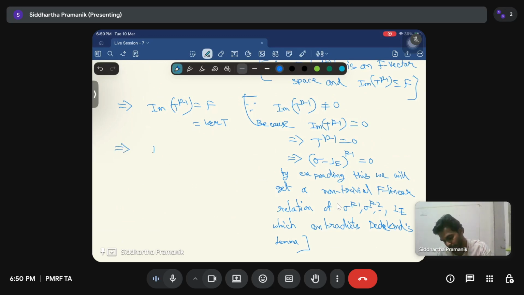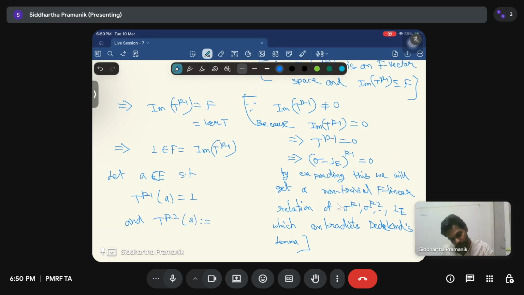So it will imply 1 belongs to F, which is the image of T power P minus 1. So let a belong to E such that T power P minus 1 of a is equal to 1, and let T power P minus 2 of a be equal to alpha.